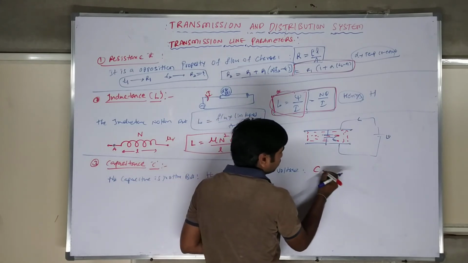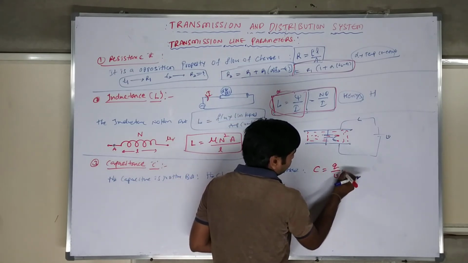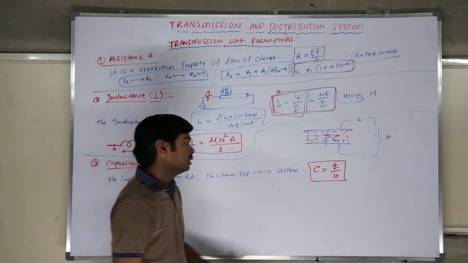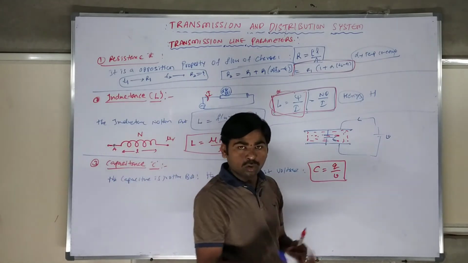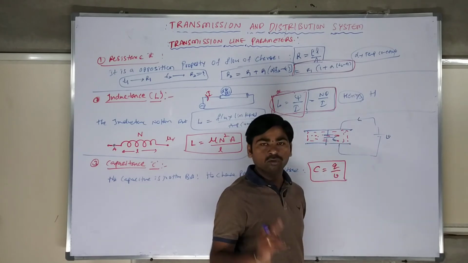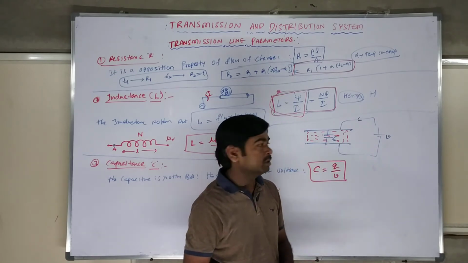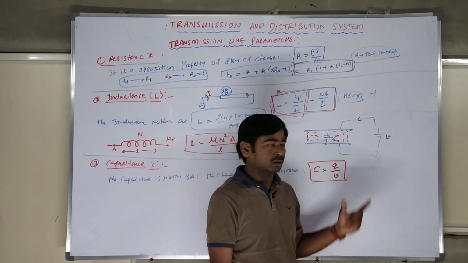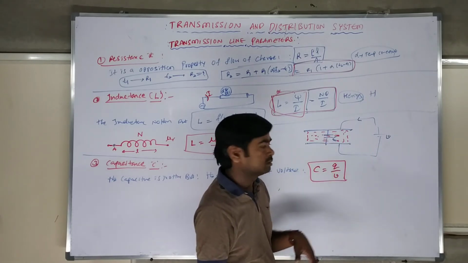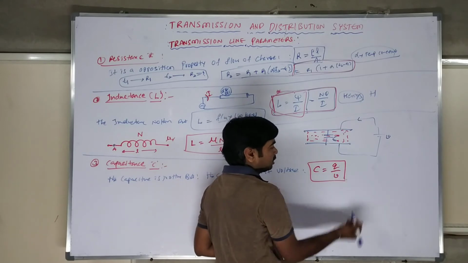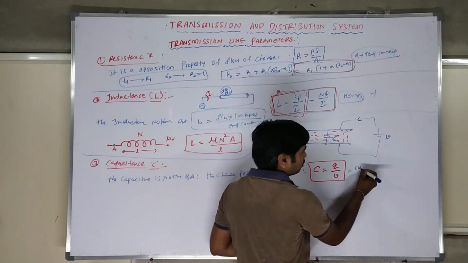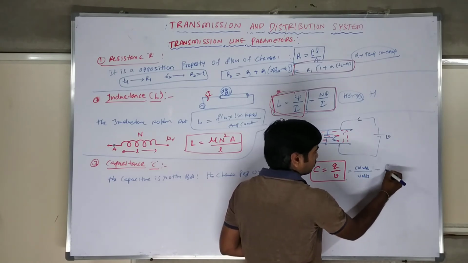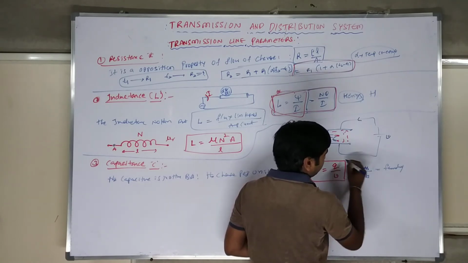Nothing but C is equal to Q by V. How much charge are you holding between the two plates when one unit of voltage is applied? It means, depending on the voltage applied, that much charge will be accumulated between the capacitor plates. That is charge per unit voltage. In units, you can say coulombs per volt, which is 1 farad.